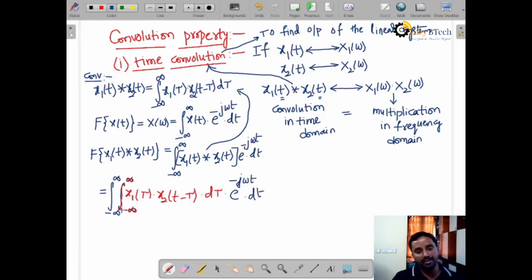For clarity I am using red color. So here we have two integrations: one with respect to tau and another with respect to t, a double integration.